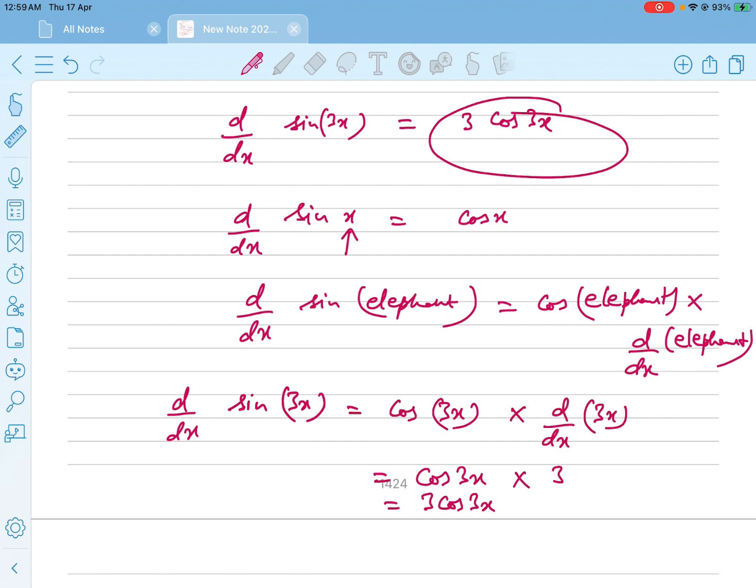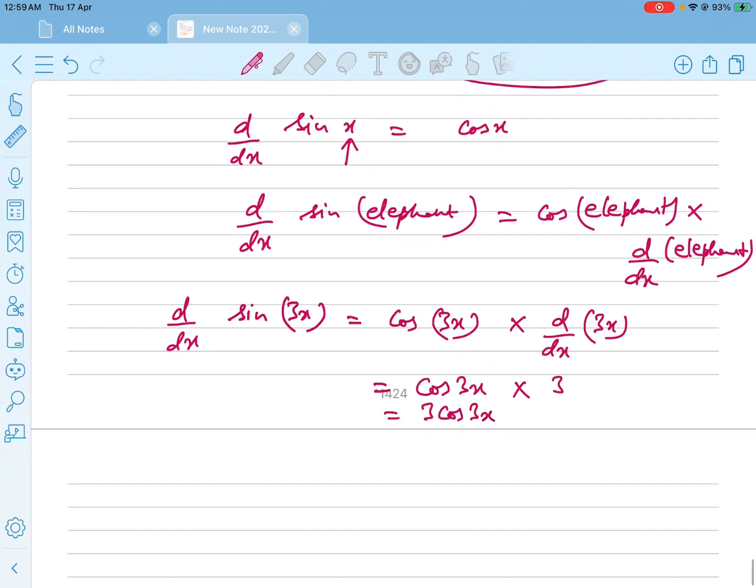Let me give you another example. Say I want to find out the derivative of sine of x square plus 2x plus 1. It's a very complex function. So instead of x, we have x square plus 2x plus 1. Again, the method remains the same. Sine of any angle other than x will have the derivative as cos of the same angle.